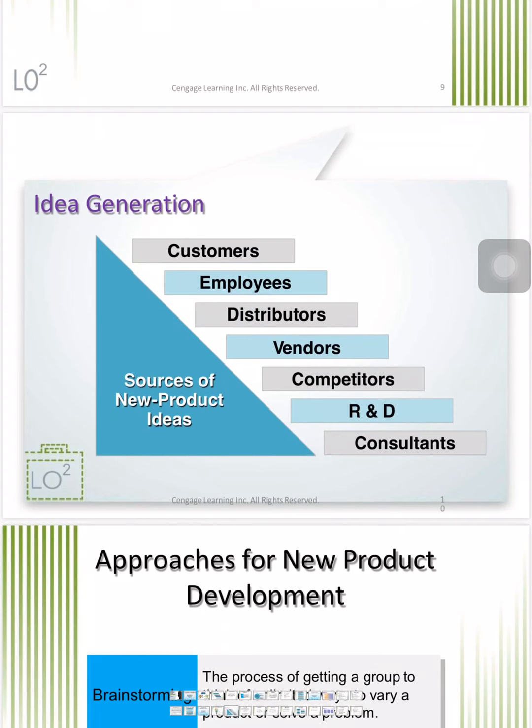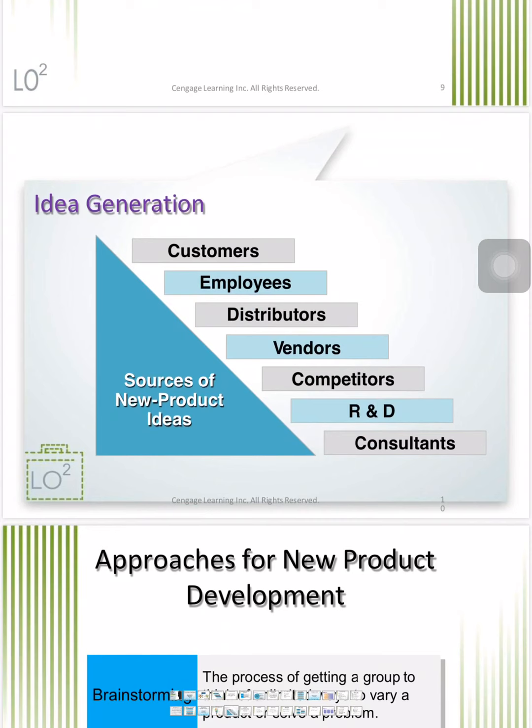When you see competitors' products or services that they offer which are similar to yours, then you always compete with them in terms of the features of the product, in terms of the improvement of your product, because you want to compete with them. And so you will generate ideas from your competitors.